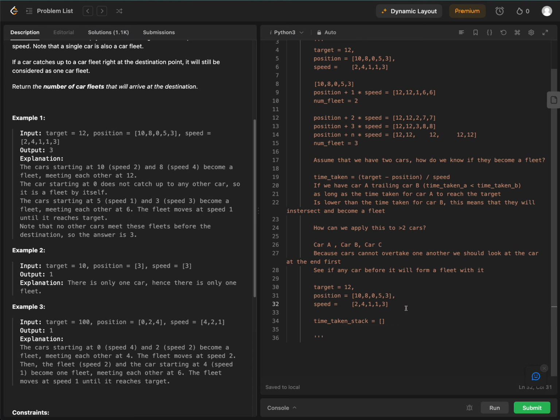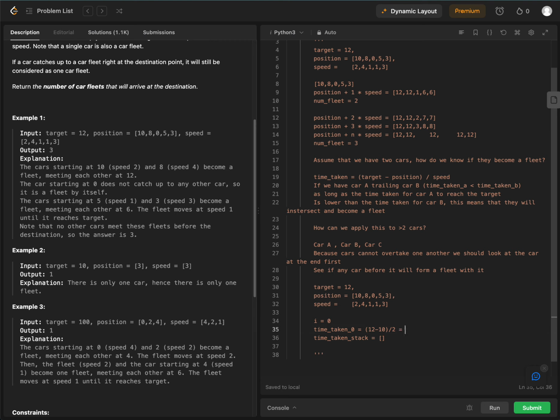The first one is i equals 0. We have i equals 0, and we have the first one here, which is time taken_0. We're looking at this, so it's 12 minus 10 divided by 2, which essentially is 1.